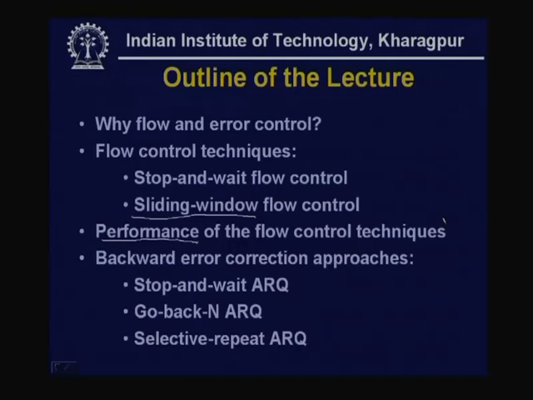Then we shall see how we can perform backward error correction using three techniques: stop and wait ARQ, go back N ARQ and selective repeat ARQ. We shall consider these three techniques one after the other.